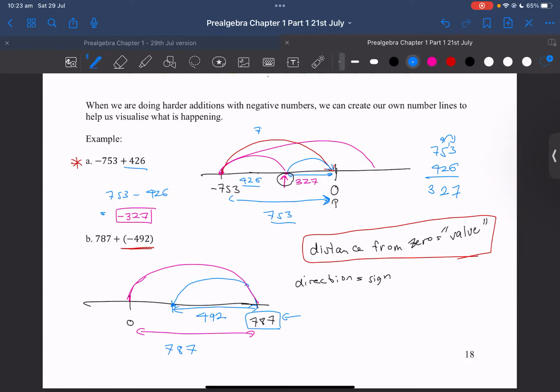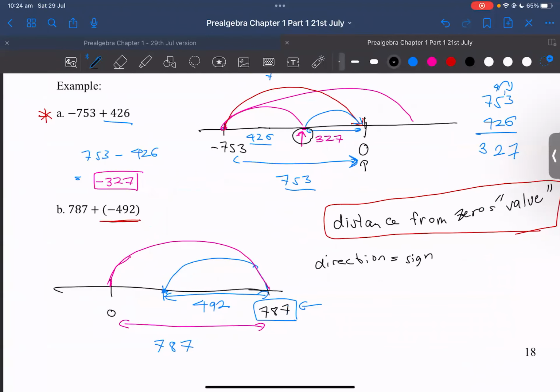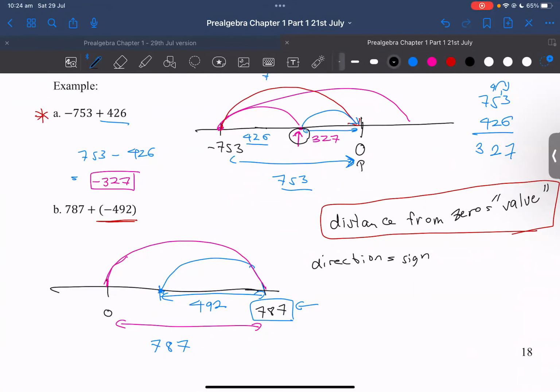Does that make sense, Ryan? It's a bit weird. I'll give you a shortcut later, but I just want you to get used to this weird idea first. I'm giving you the harder way, but the whole thing is 787. I want you to visualize that if a number is 787, it's 787 to the right of the origin. If a number is negative 787, it's 787 to the left of the origin.